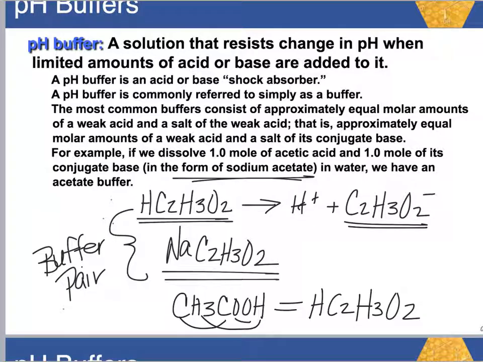The first way, the CH3COOH, is writing it as an organic acid in the organic form, and the HC2H3O2 is writing it in the way that we write all acids in the IUPAC system. So on the next page, you're going to see that they write it this way, and I want you to realize they're talking about the same thing.